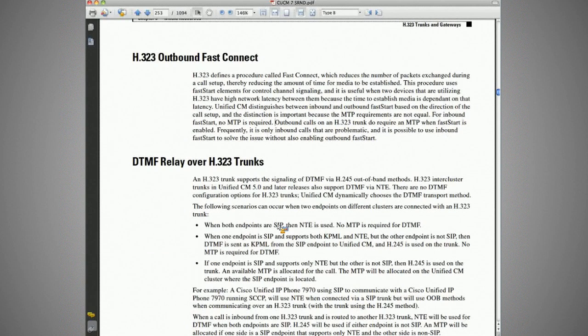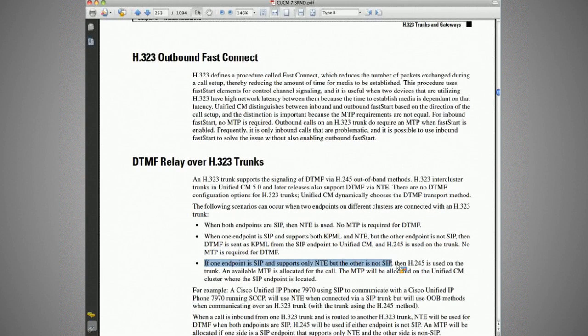Okay, as we mentioned, when both endpoints are SIP and NTE is used, no MTP is required. When one endpoint is SIP and supports both KPML, key press markup language, or keypad markup language, some people refer to it as, and named telephony events, but the other endpoint is not SIP, such as H323, typically DTMF is KPML, and H245 is used on the trunk, and no MTP is actually required for this DTMF.